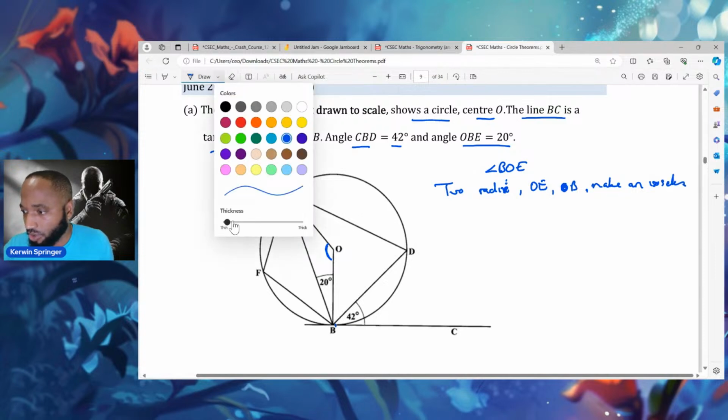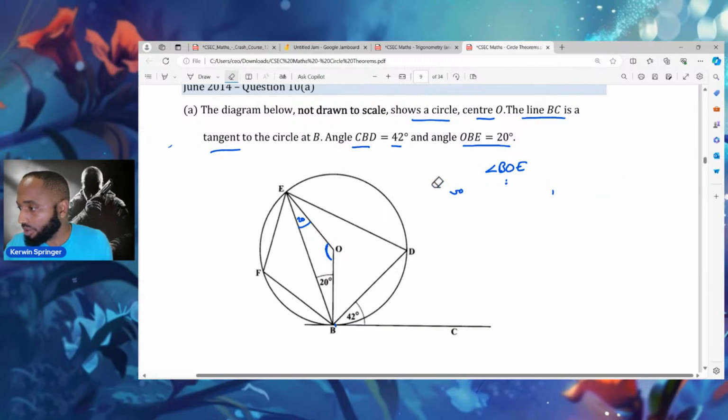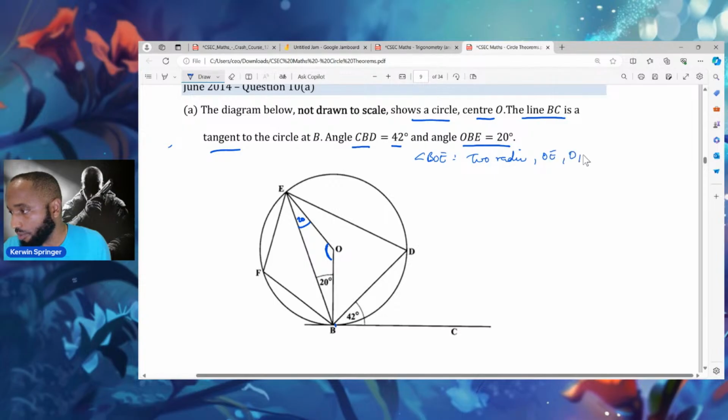So you're trying to find angle BOE. The two radii, OE and OB, make an isosceles triangle BOE. BOE is isosceles.